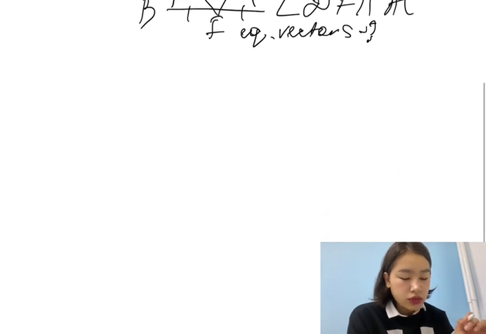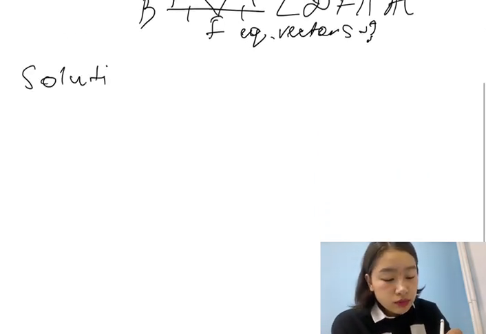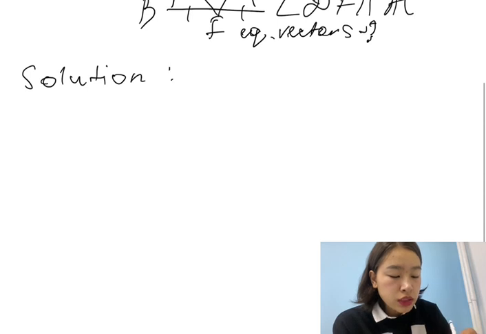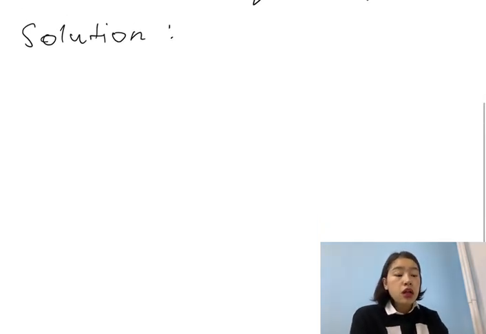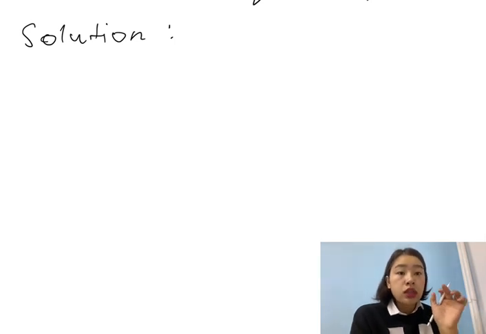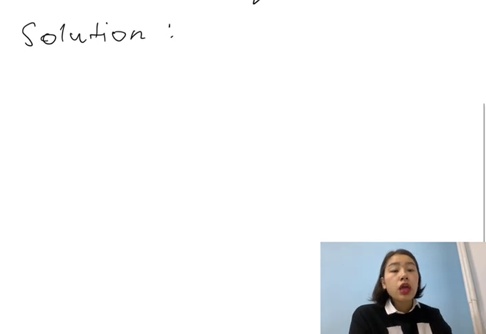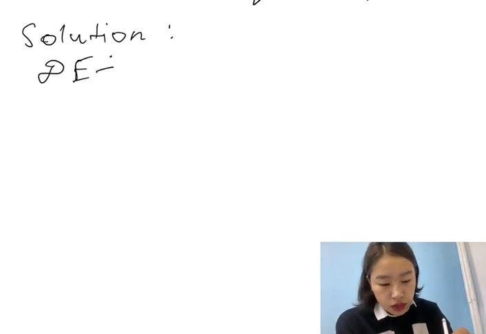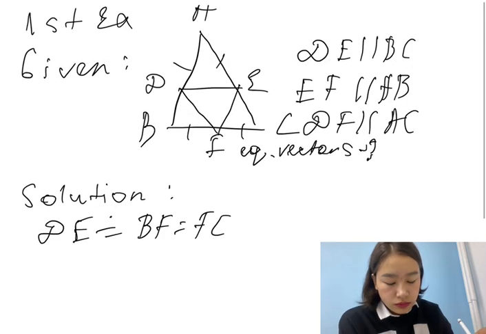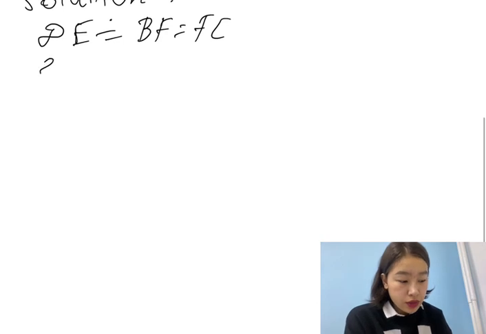Equal vectors, yeah. How can we solve it? We said that our D, E and F are the midpoints and it's an equilateral triangle, and the sides will be the vectors also. And of course, the solution will be that DE is equal to BF and FC because it's parallel, yeah?